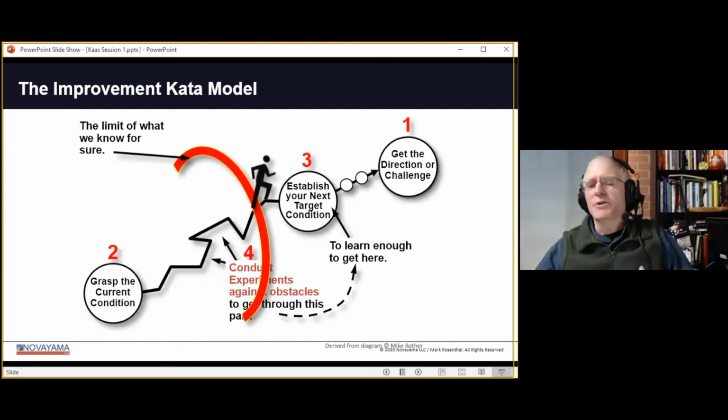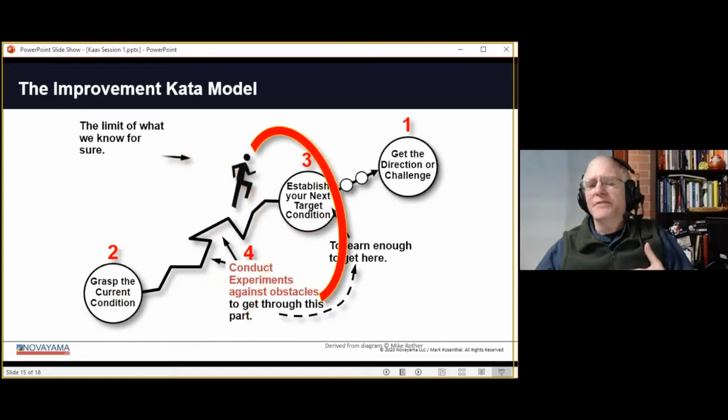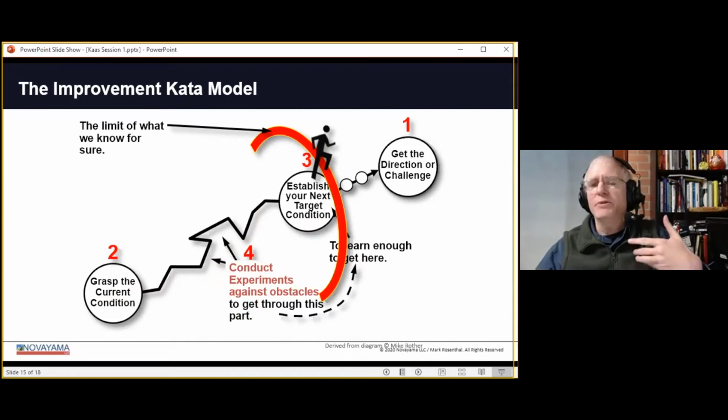And I learn a little more. And if I find myself at my target condition, then I take a step back and say, where am I now? I grasp the current condition again, establish a new target condition, and just keep going. So this is the process that we call the improvement kata.